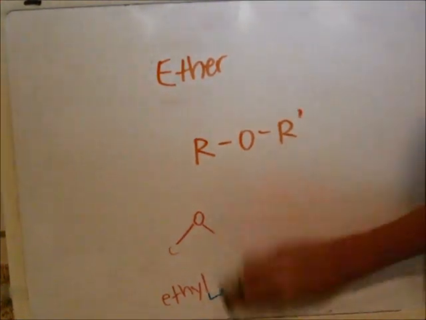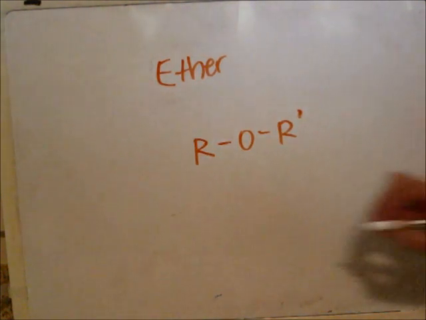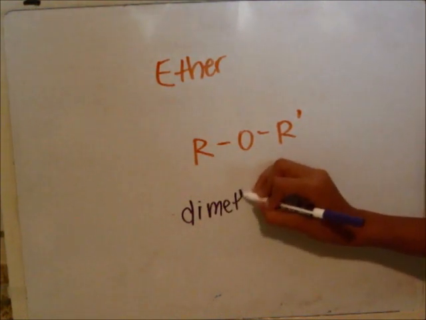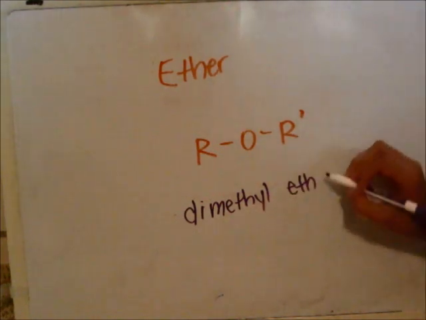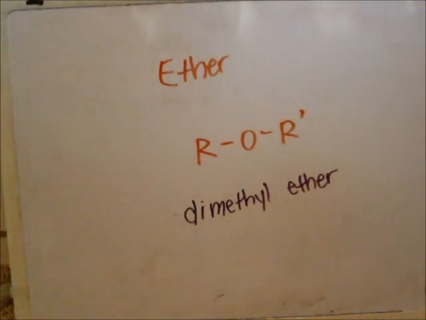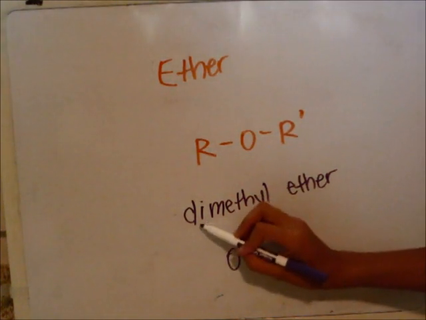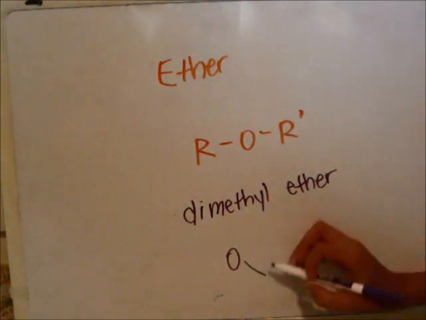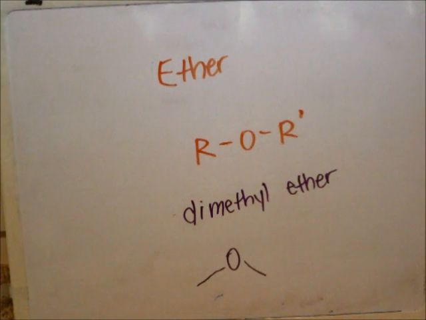Now, if we had to draw dimethyl ether, and remember it's two words, dimethyl is one word and then ether is another word, then we'd start with the O, and there's di, which means there's two meth groups, which means there's a meth on this side and a meth on that side, and that's it. So that's dimethyl ether.